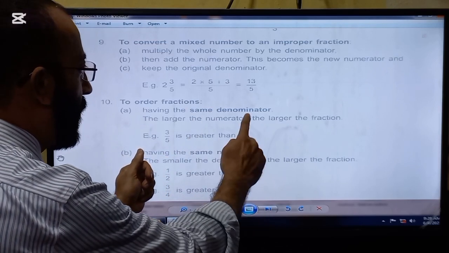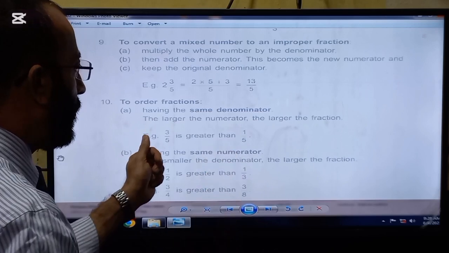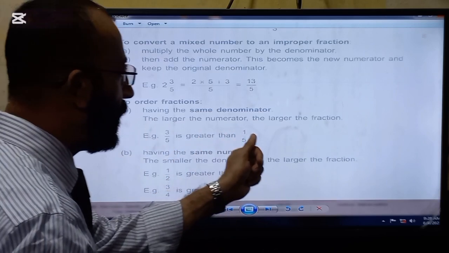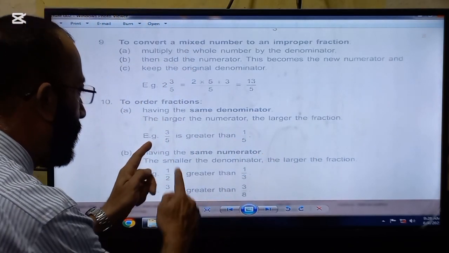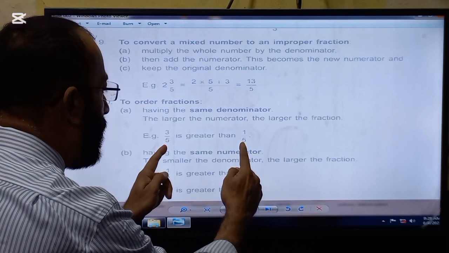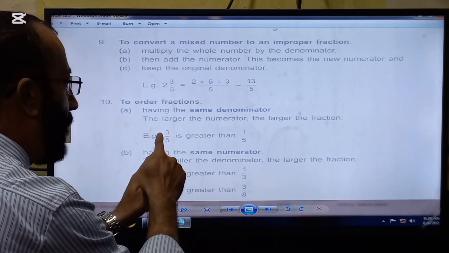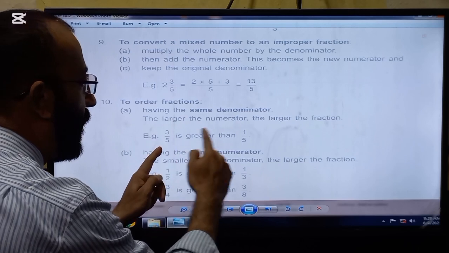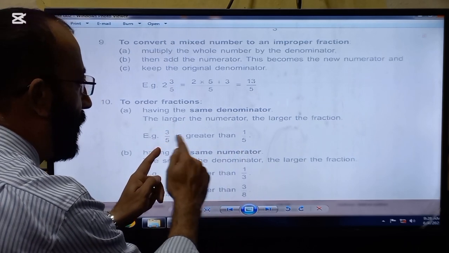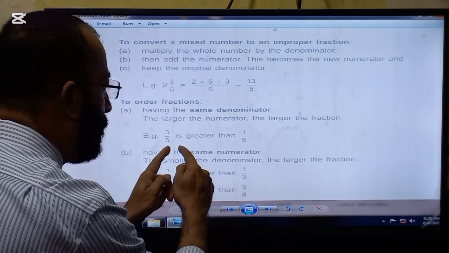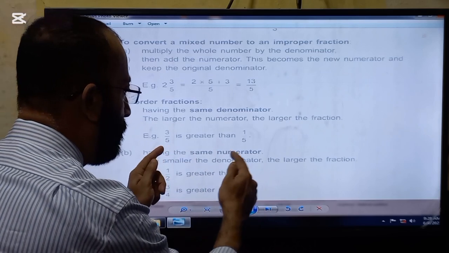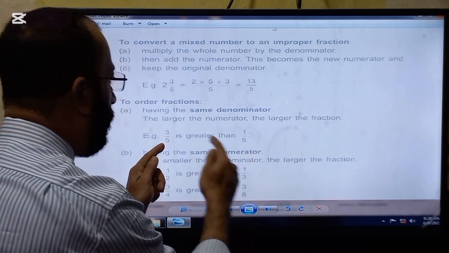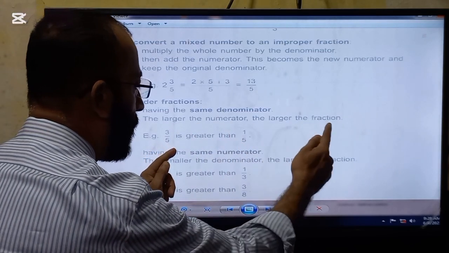If the fractions have the same denominator, the larger the numerator, the larger the fraction. So these 2 fractions have the same denominator. So the fraction which has the larger numerator is greater than the other one. So 3 by 5 is greater than 1 by 5.